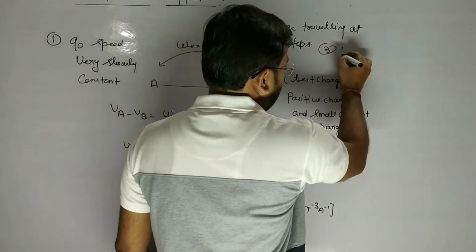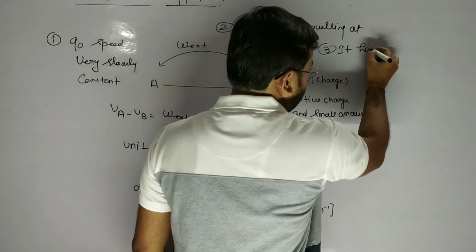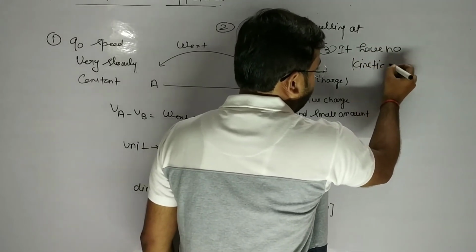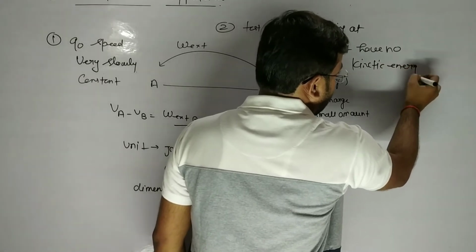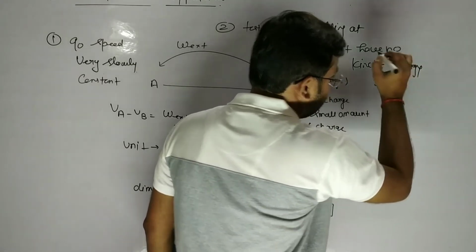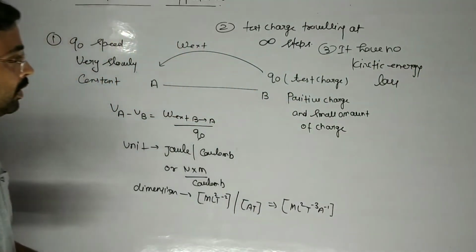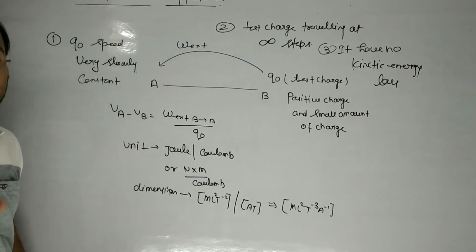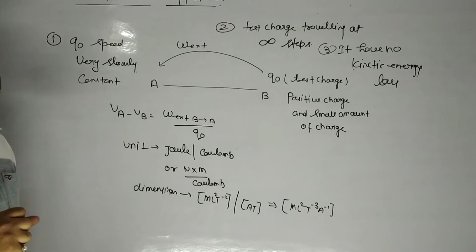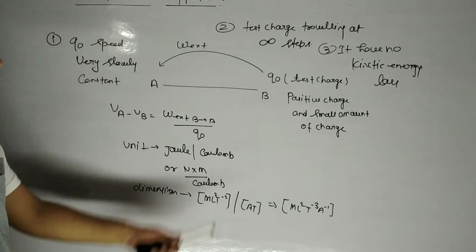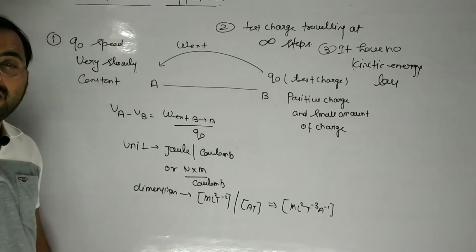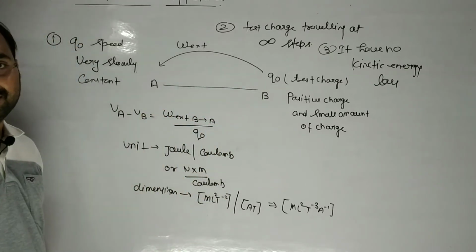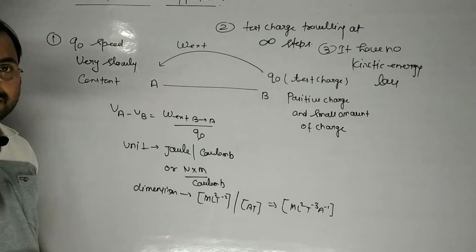Third, it has no kinetic energy loss. This charge is traveling very slowly, which means at a constant speed. When the speed is constant, it has the same kinetic energy at every point from B to A. Confirm?